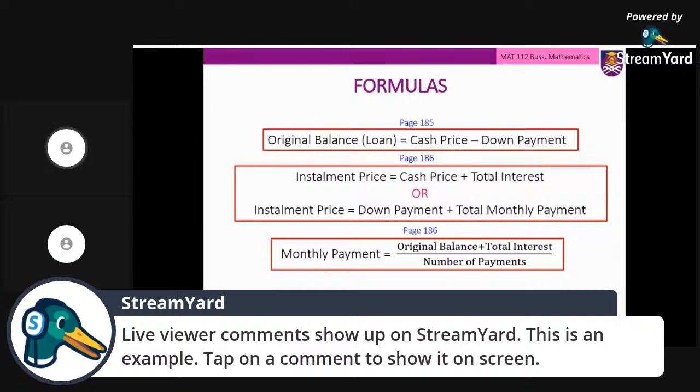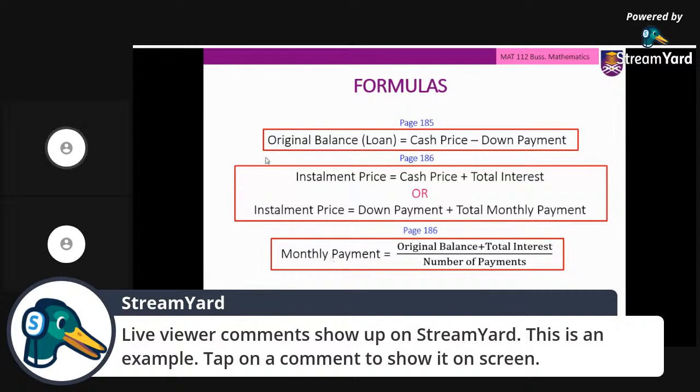So you can choose either one. And then we have monthly payment. The formula for monthly payment is original balance plus total interest, divided by number of payments.